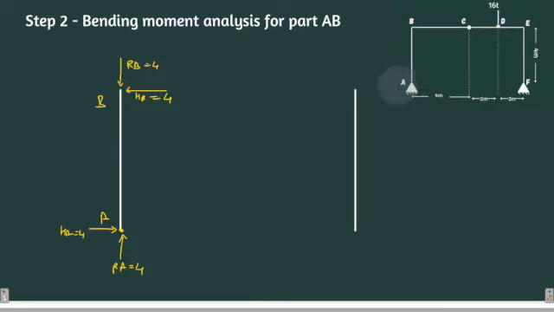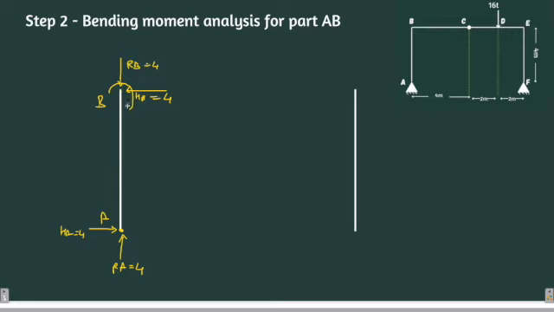But at B, there is a bending moment because of horizontal reaction at A. This horizontal reaction at A is trying to rotate the beam in the anti-clockwise direction about point B, right? But because of the stability of the beam, it is not going to rotate anywhere. So there must act a counter moment at point B, right?